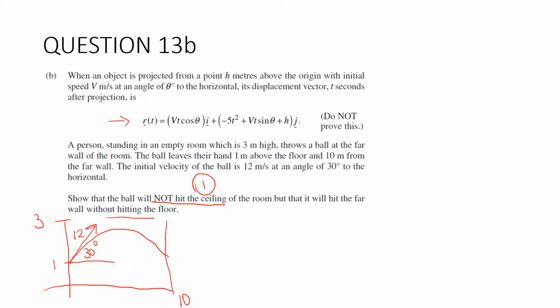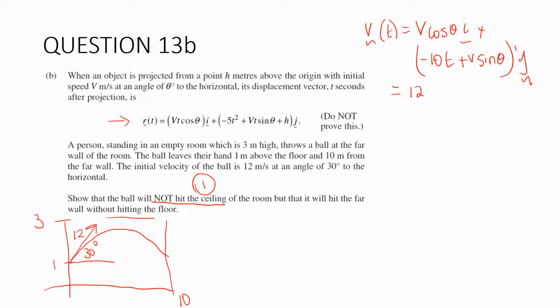So we need to know what the maximum height is, and that's going to come from working out the velocity vector. So v of t will equal v cos theta i plus negative 10t plus v sine theta j. Now we know a lot of these constants, don't we? v is 12, theta is 30 degrees, so cos 30 is root 3 on 2 i, plus negative 10t plus v is 12, and sine 30 is a half, j.